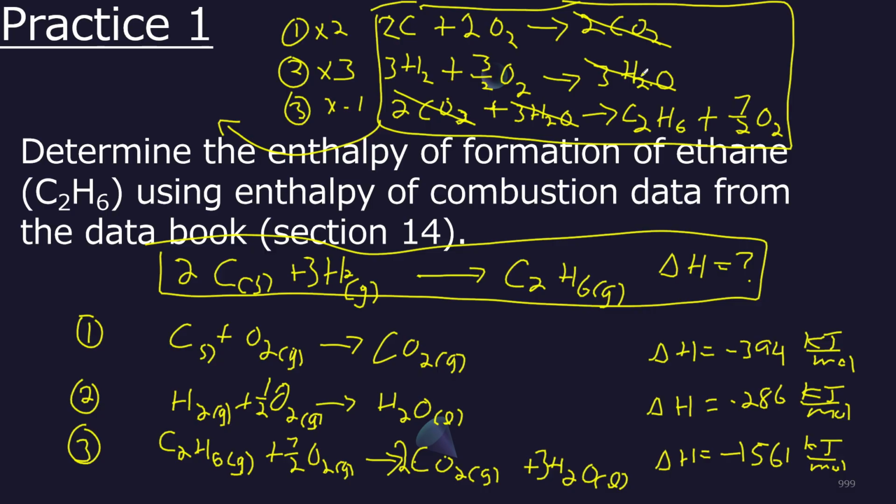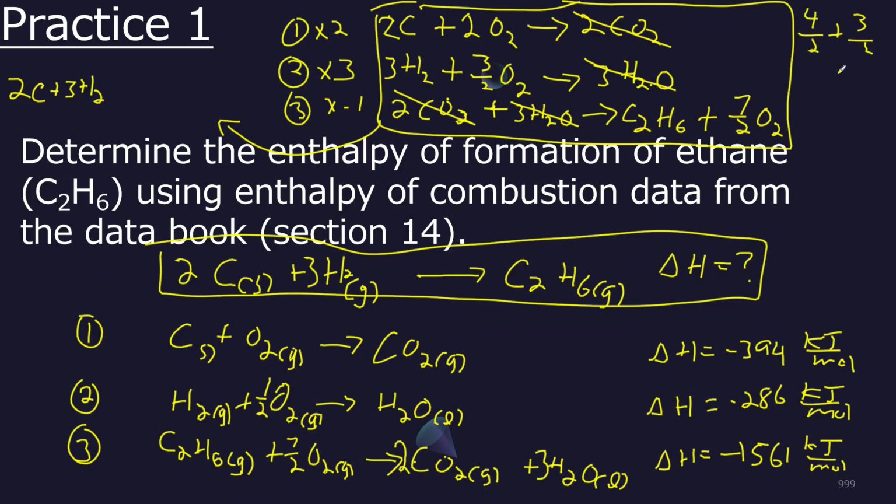But we're going to have 2 carbons, 3 H2s, some oxygens. How much though? We've got 2 O2 plus 3 over 2 O2. That is essentially 7 over 2, if you consider that 2 is the same thing as 4 over 2. We have essentially 4 over 2 plus 3 over 2.